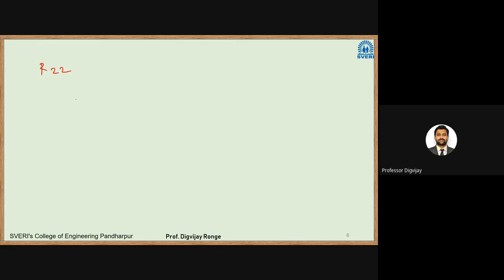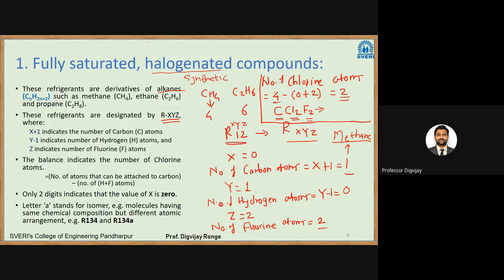Okay. So I have given one example, R22. From this, you have to calculate number of hydrogen, carbon, fluorine, and chlorine atoms. After that, you can write the formula also and name also. Okay. So for reference, I will keep this tab open, and from this you have to calculate the formula for R22.